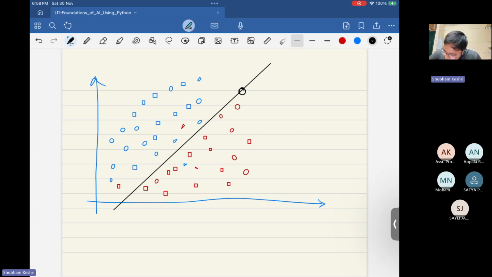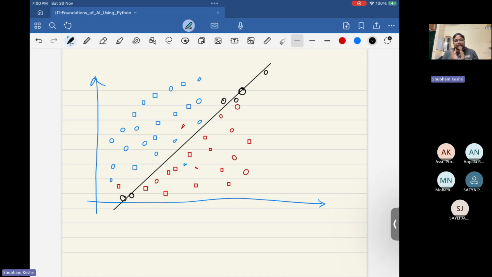Or suppose this is the new data point, or maybe this one. It is difficult to tell, right? If you label it as blue, it might be red. If you label it as red, it might be blue.